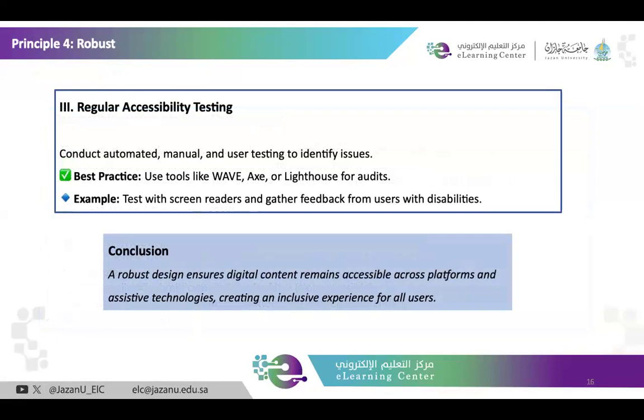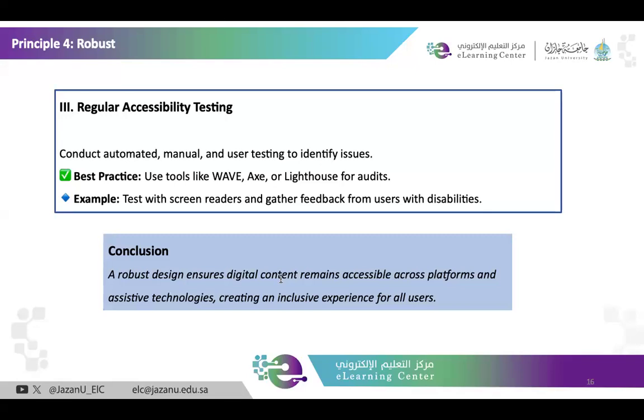Regular accessibility testing. This is the important part: regular testing for accessibility is mandatory. Websites and applications should undergo frequent accessibility testing to identify and resolve issues. This includes automated testing, manual testing, and user testing with individuals who rely on assistive technology. The best practice is to use accessibility evaluation tools and conduct user testing to ensure compliance with WCAG guidelines.